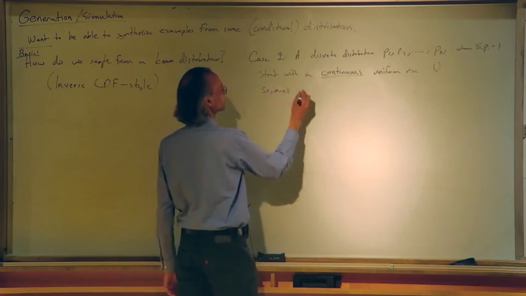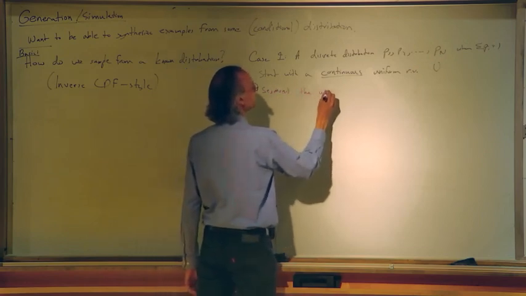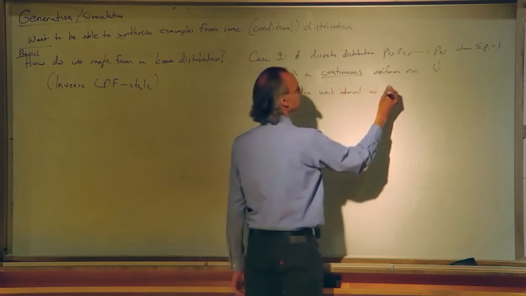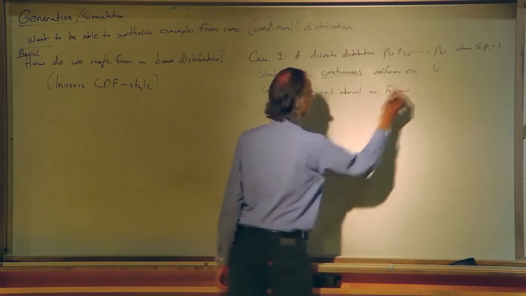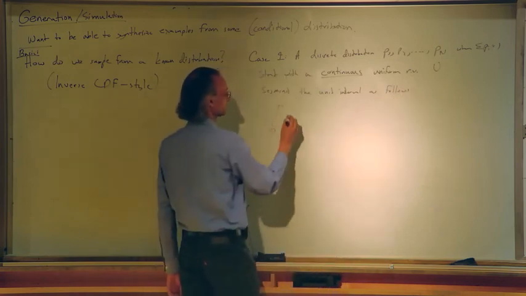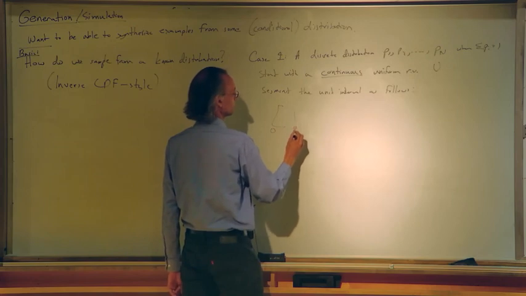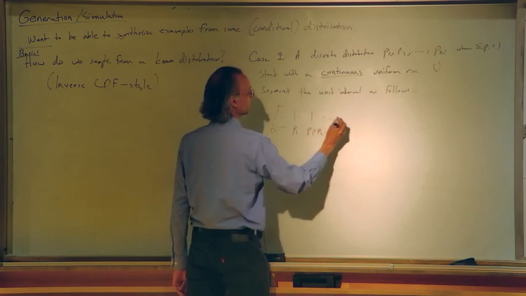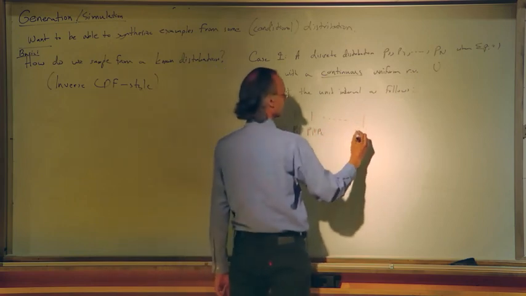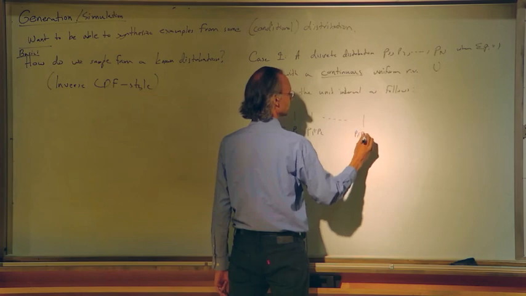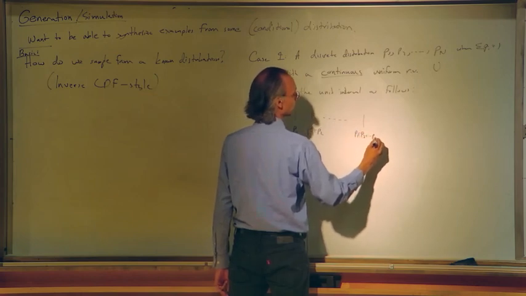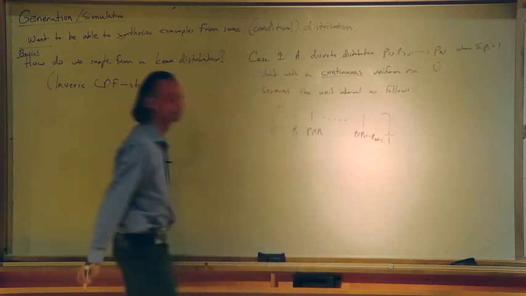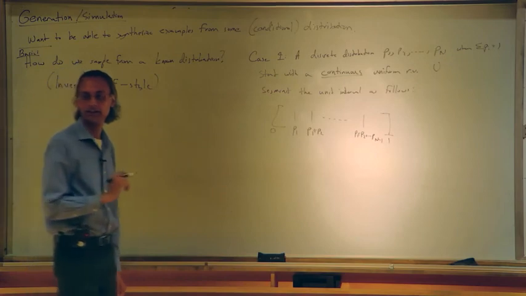Implicitly segment the unit interval as follows: 0, P1, P1 plus P2, up to P1 plus P2 plus ... Pn minus 1, and then 1. Okay, this is what you were saying, right?